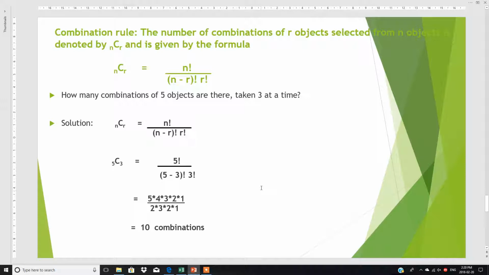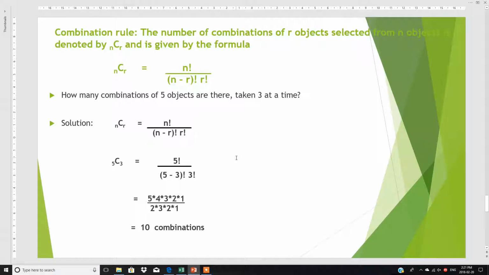And one important thing: in combinations we use the factorial, and this is the factorial symbol which you will find on your keyboard on the top of number 1. There is a number row 1 2 3 4 above the letters, and you have to press shift and 1 to get the factorial symbol. Factorial does not mean that if I say 5 factorial or 6 factorial, you write only 5 or 6.